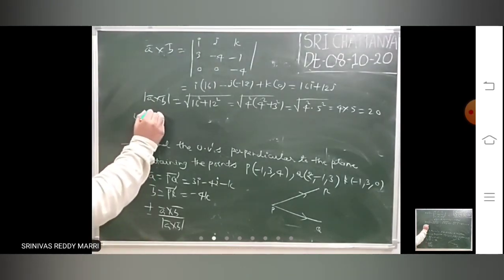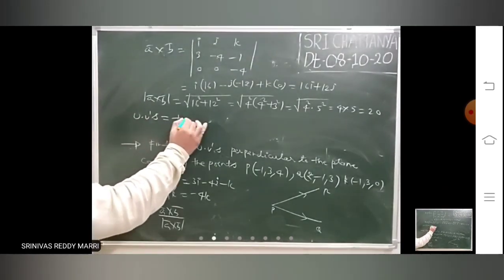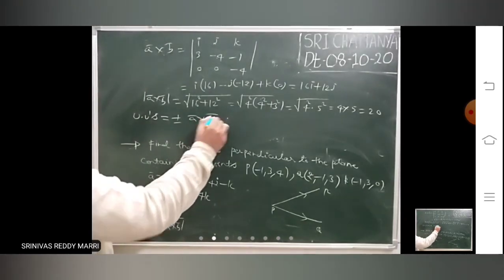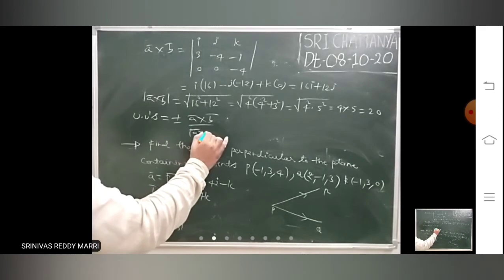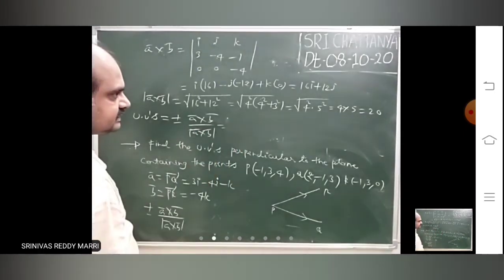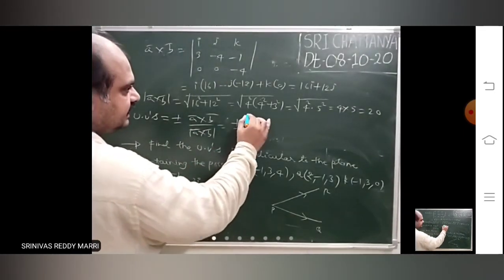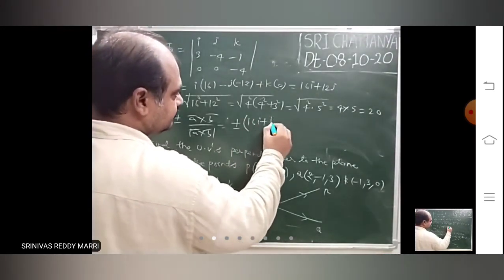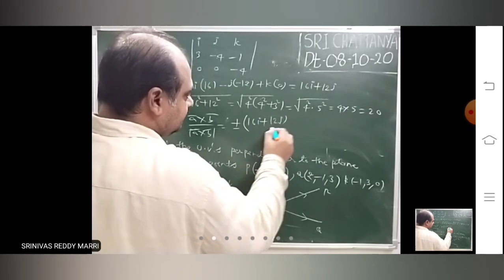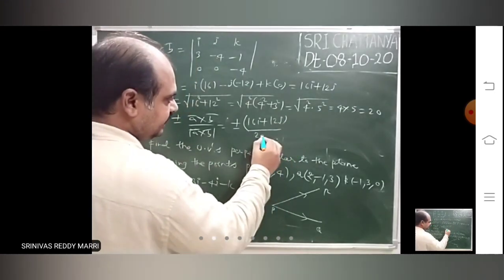Therefore, the unit vectors are plus or minus 16i plus 12j divided by 20.